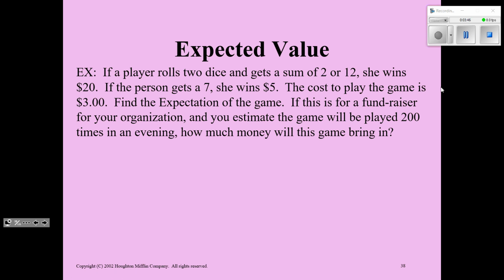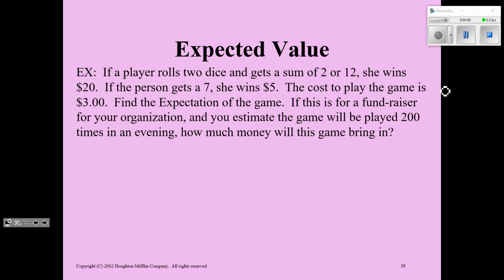Let's look at this example. If a player rolls 2 dice and gets the sum of 2 and 12, they win $20. If they get a 7, they win 5. If the cost to play the game is $3, find the expectation. Find the expected value of the game. We're going to do the second part with the fundraiser later.